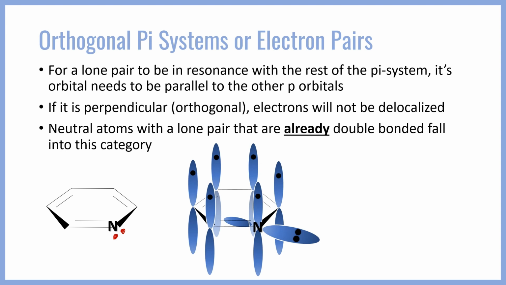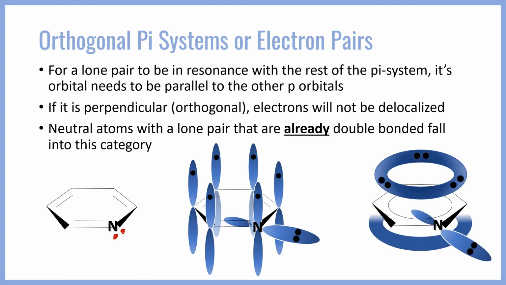It will not interact. There is no sideways overlap. And so if we look at the molecular superposition, we see that we have that nice circular aromatic ring resulting from the resonance of the double bonds, but that nitrogen lone pair is not participating whatsoever. It has nothing to do with it. So it's really important for lone pairs, once again, to be parallel to the pi system in order for them to be able to form new resonance structures.